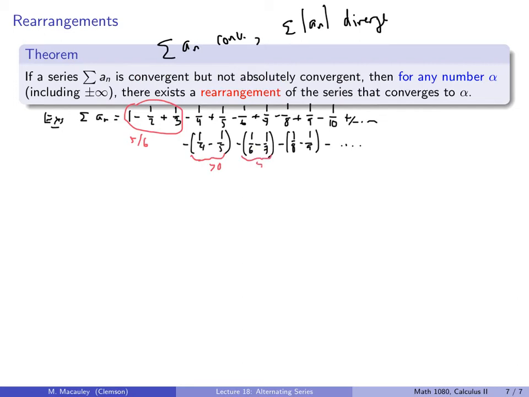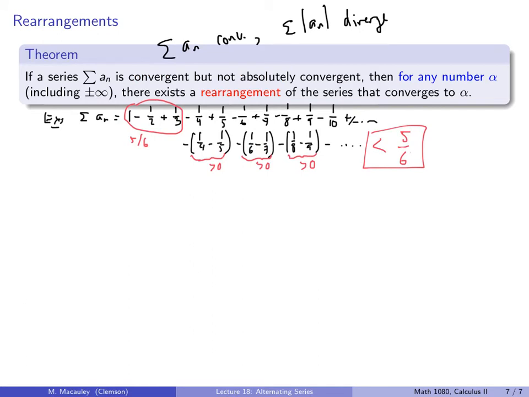So this is positive, this is positive, and so forth. So what we have is 5/6 minus something positive, minus something positive, minus something positive. At the end of the day, this thing has to be strictly less than 5/6. Obviously, 5/6 minus a bunch of positive things.